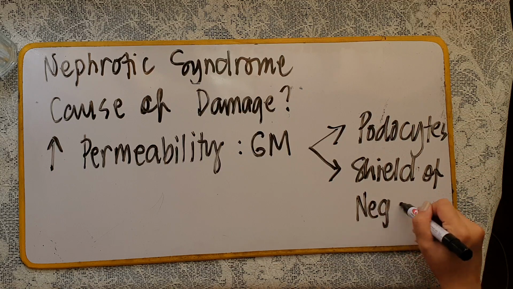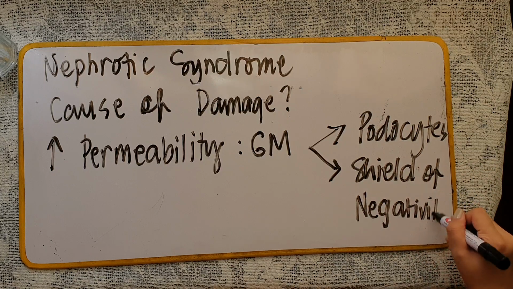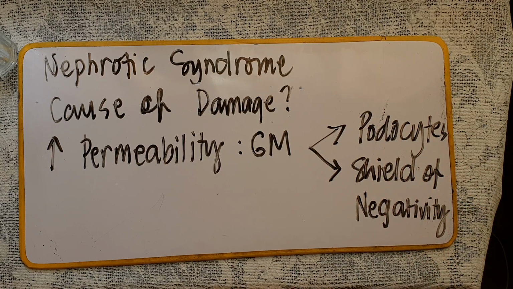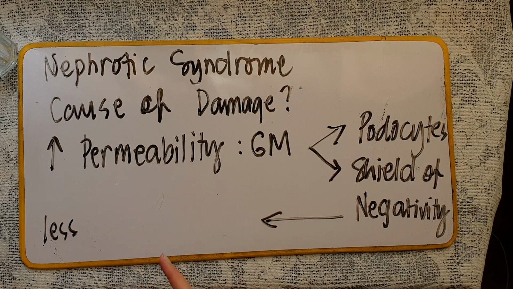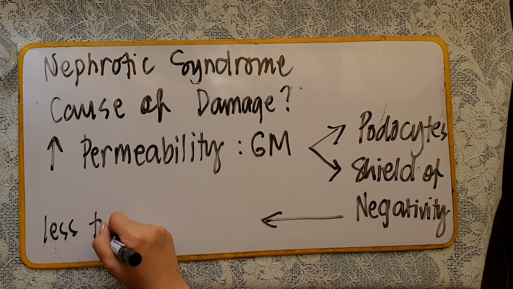There would be damage to the podocytes together with the shield of negativity, producing a now less tightly connected barrier.